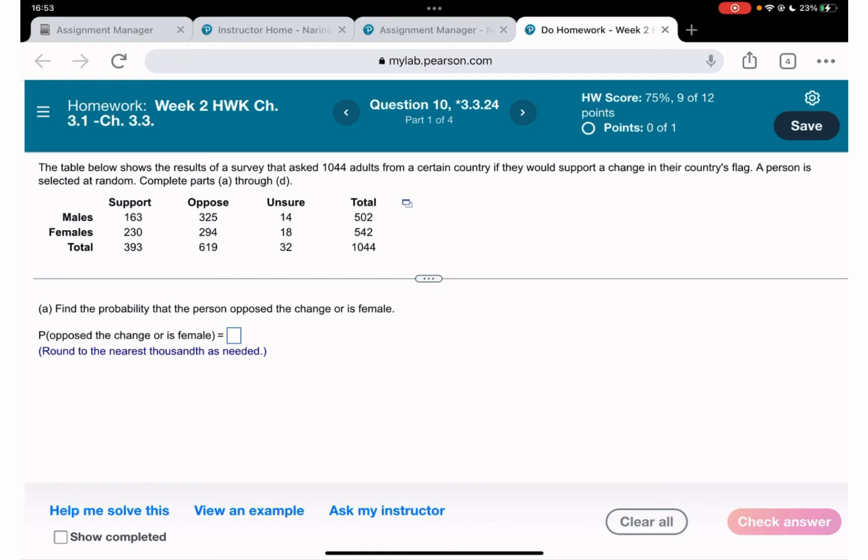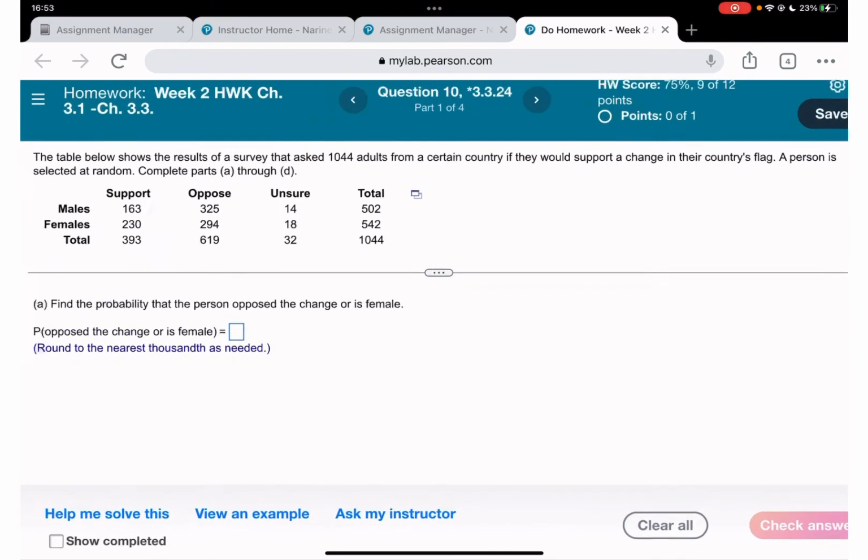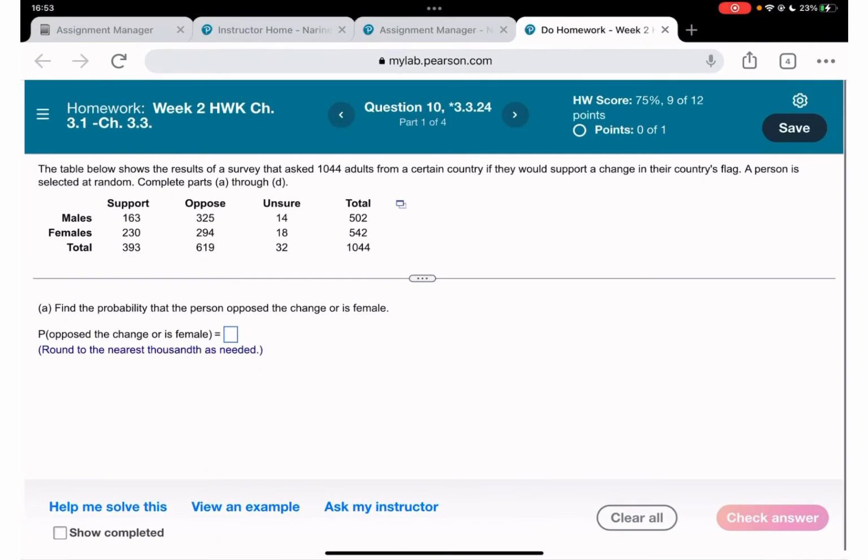Question number 10. This is very similar. Find the probability that the person opposed the change or is female. Opposed the change, total we have 619 over 1044. Or female, how many females? 542 over 1044.